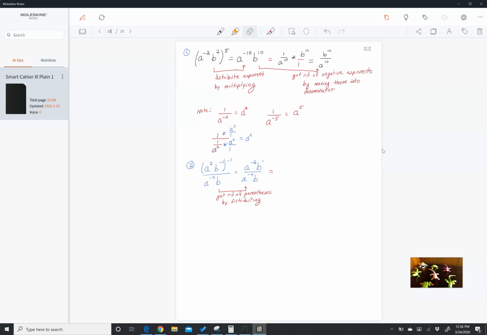So -2 minus -4 is -2 plus 4, or a to the first. And then we get b to the 0. So our b's are actually just canceling out here. Okay, I'm going to put that in blue so that you see that it's the same problem.